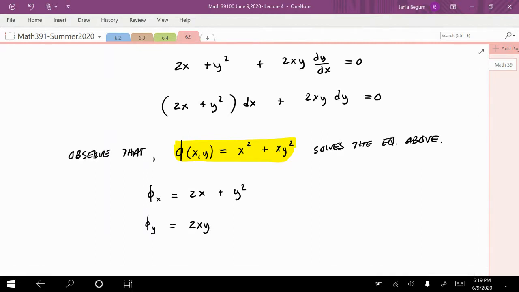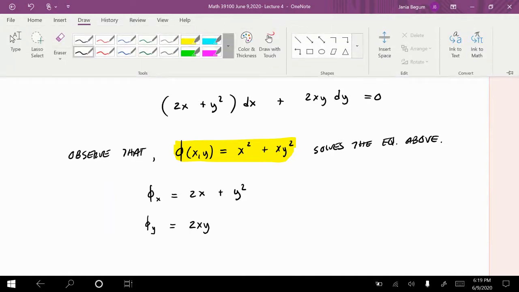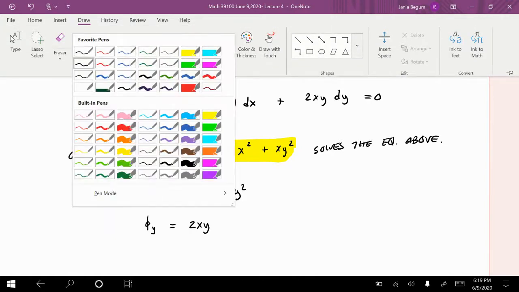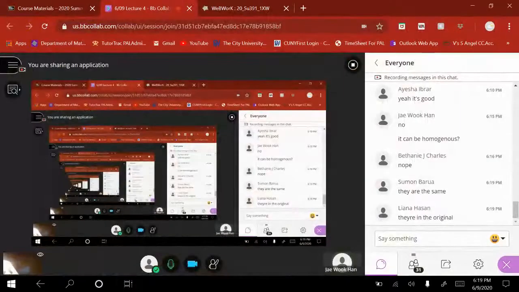So what do you notice from these partial derivatives and the differential equation I gave you? They appear in your original equation. They're the same.